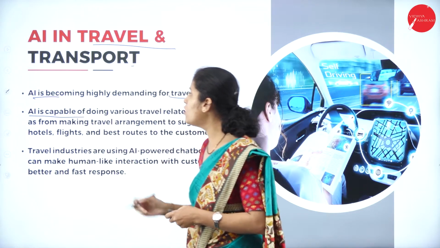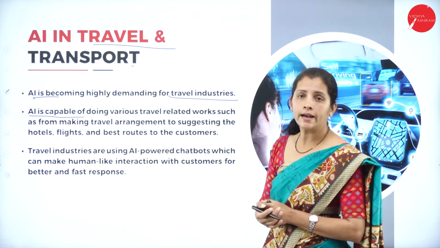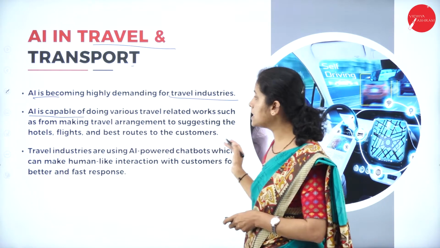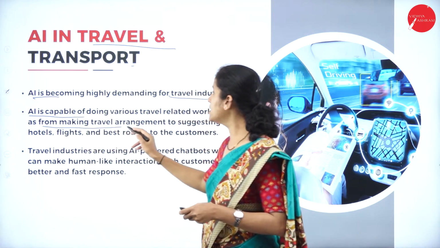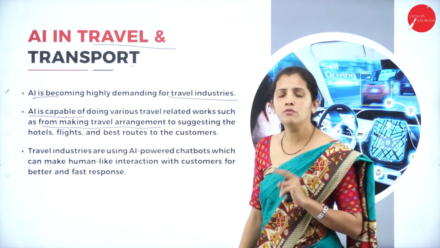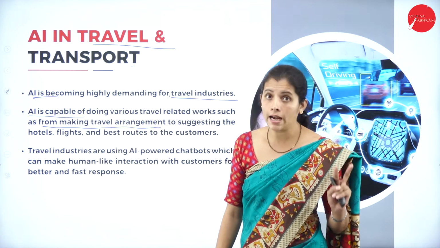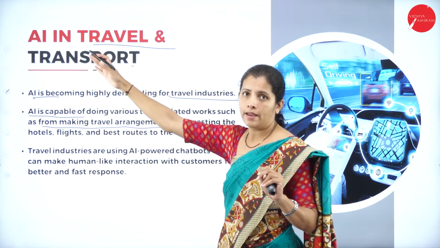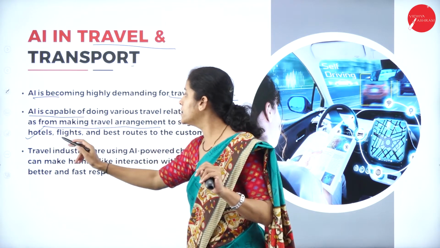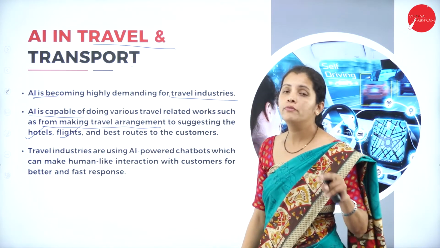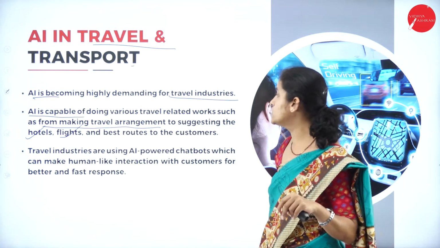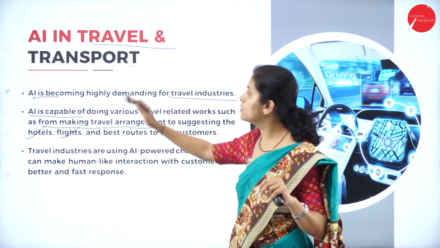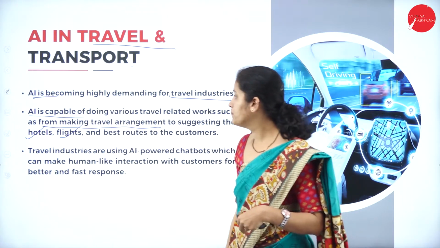AI is capable of doing various travel-related works, such as making travel arrangements. Suppose you want to make any travel arrangements, then you can go with AI. For example, hotel booking, flight booking, or if you want to select the best routes, once again you can take the help of AI.